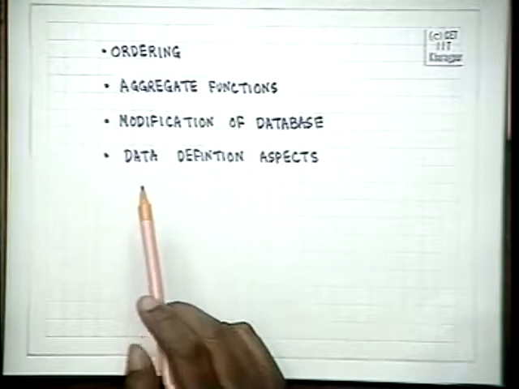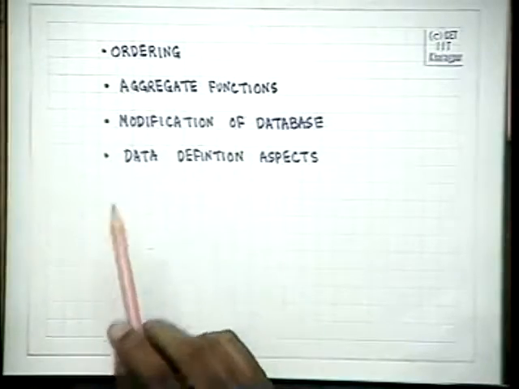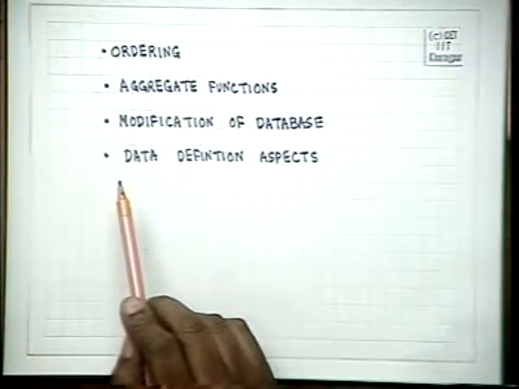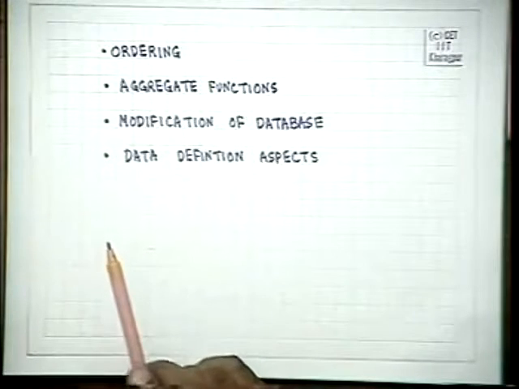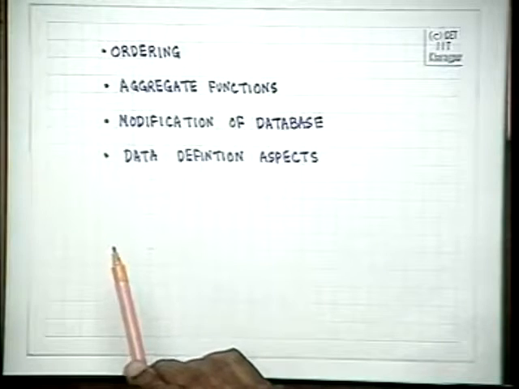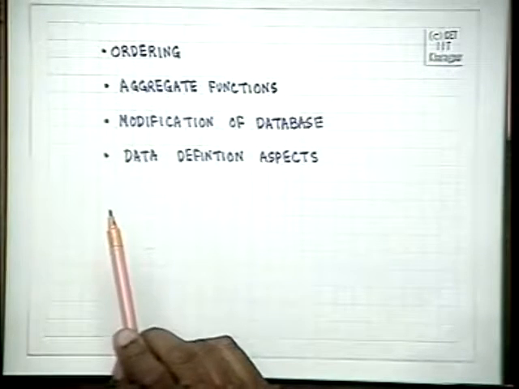That is, we have not changed any element of the database itself. We have not modified the database. The original database is as it is. We have just expressed our questions in SQL language, but none of these questions have actually changed the original database.